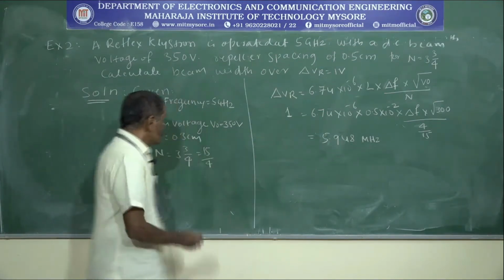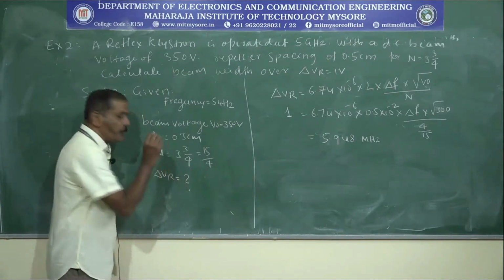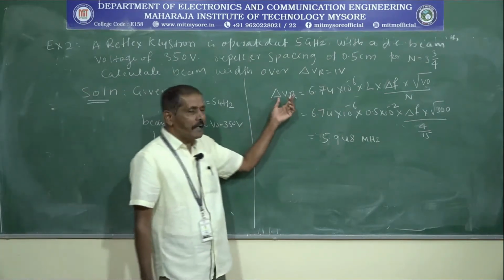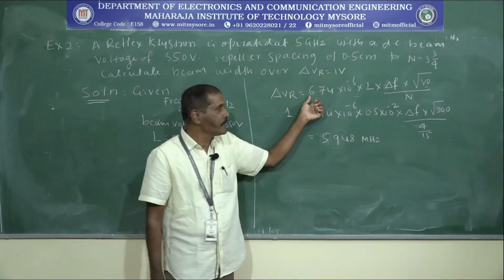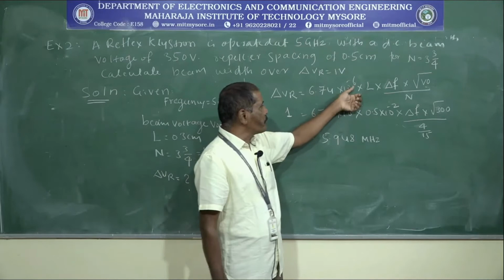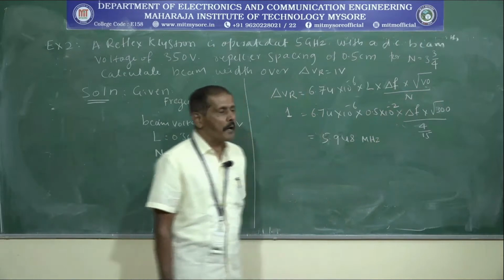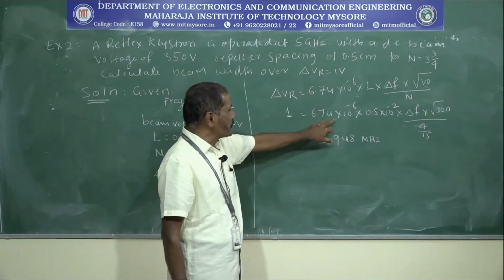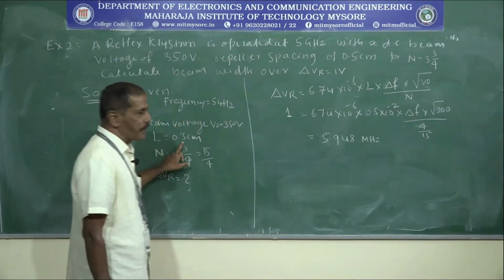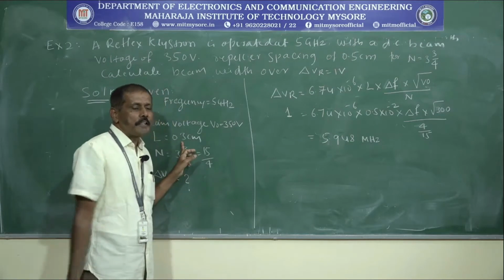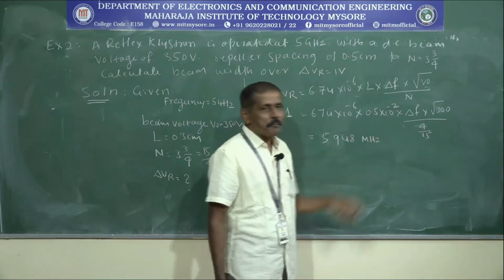Now delta VR is the unknown value you are supposed to calculate. The delta VR is calculated from the formula. These are the formulas you have to remember: 6.74 into 10 to the power of minus 6 into L into delta F into root of V0 divided by n. In this case, 6.74 into 10 to the power of minus 6, and the L value is given as 0.3 centimeters, but this 0.3 centimeter value you have to convert into meters, so 0.3 into 10 to the power of minus 2.